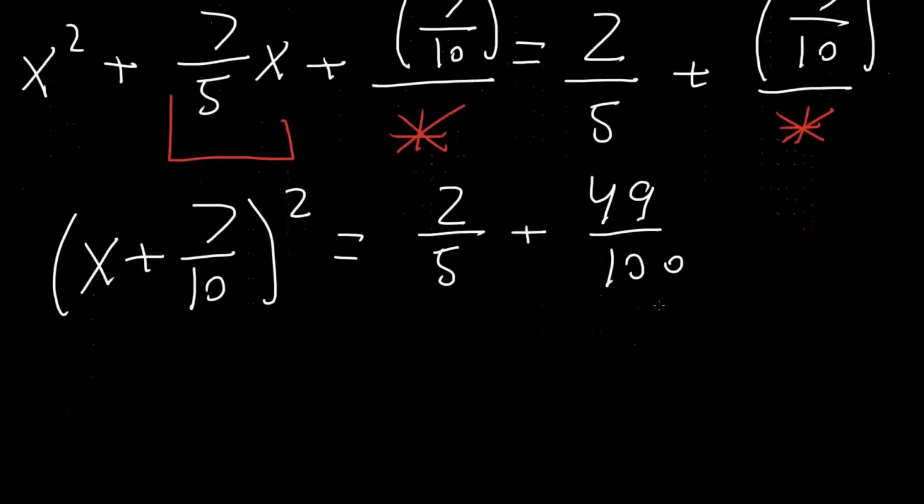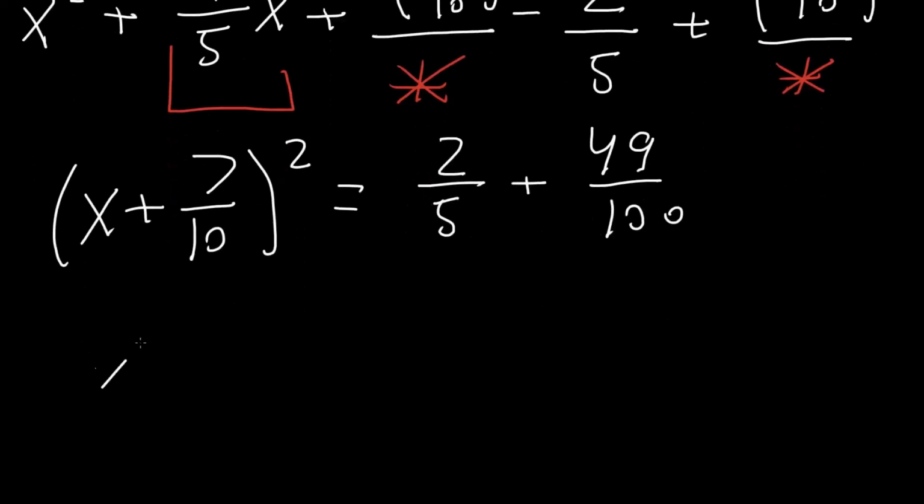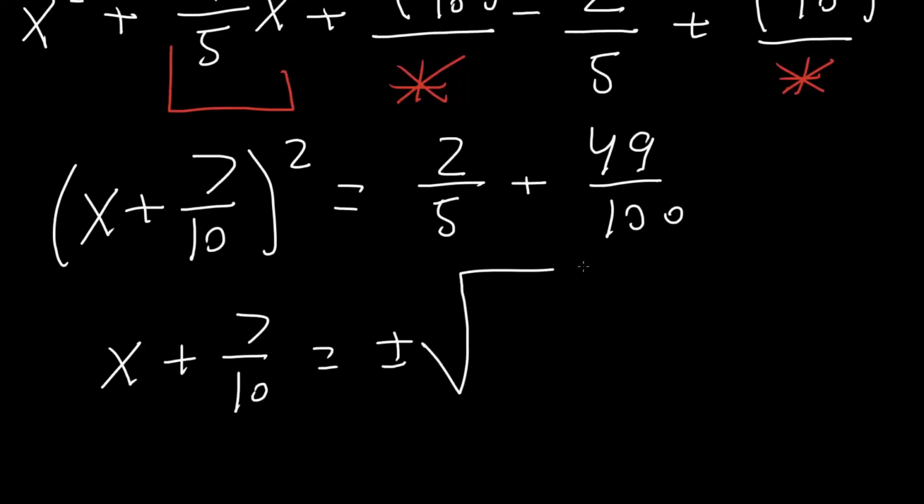And now we're almost there. So we're going to say x plus 7/10 is equal to plus or minus the square root, this term right here, plus or minus the square root. We're removing the squared here. And so what we're going to get here is, okay, we'll do a common denominator of 100.